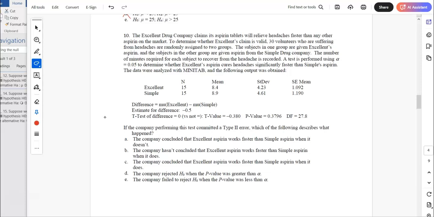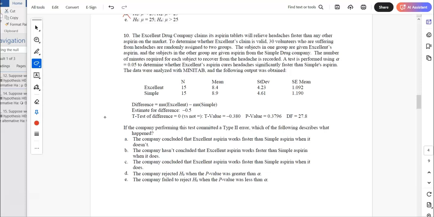They're very humble. The number of minutes required for each subject to recover from the headache is recorded. The test is performed using 5% for alpha, to determine whether it's significantly faster in Simple's. Data was analyzed with Minitab. Here's the results.